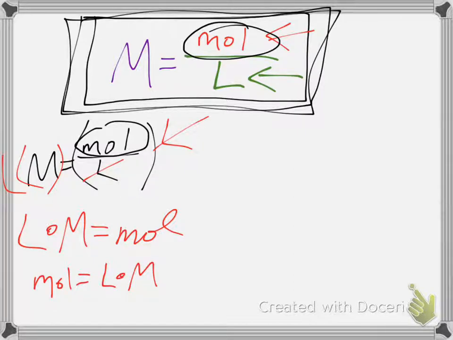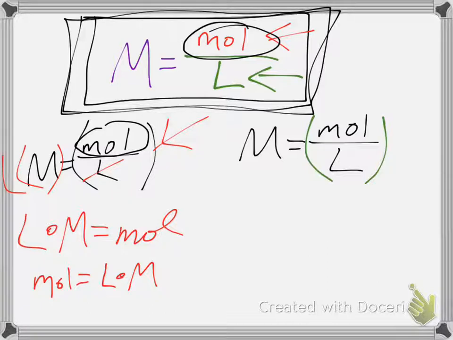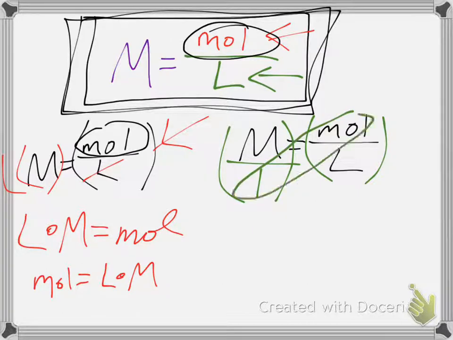Sometimes we need to figure out the volume, which is liters. So we can do molarity equals moles divided by liters. And now I want liters by itself. This one's a little bit more difficult because of that. So I'm just going to do the crisscross method because anything over 1, it looks like a fraction and it doesn't change it. So let's look at that. Moles times 1, molarity times liters.